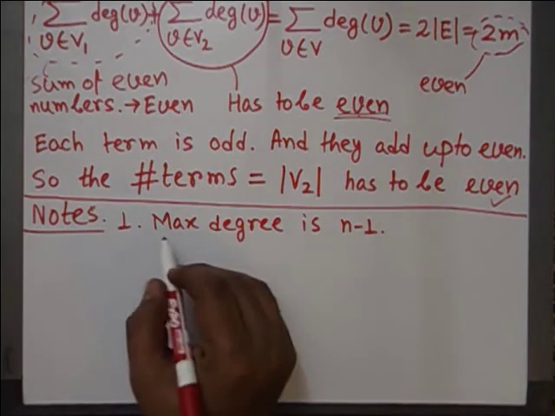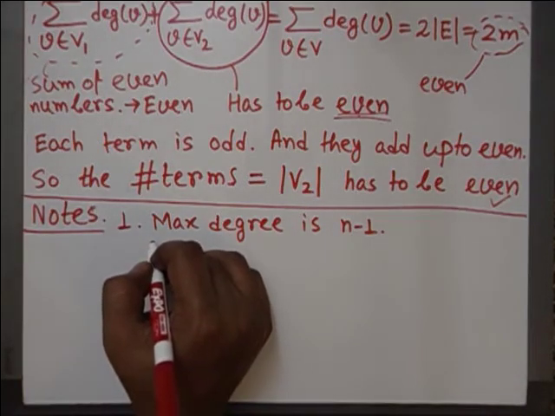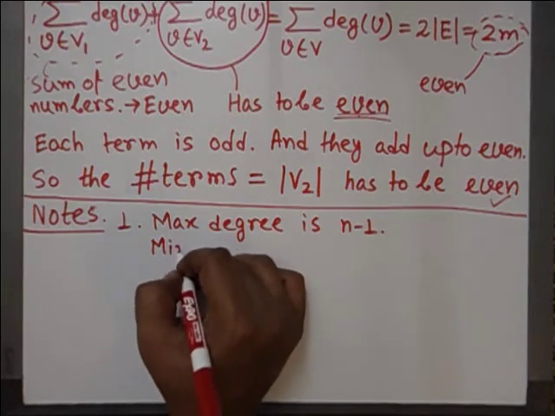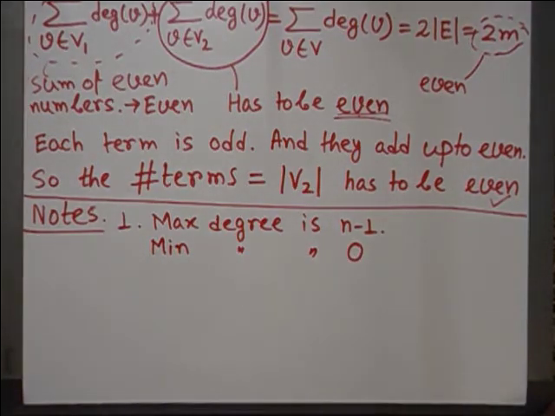So that's why the maximum degree is n minus 1, where the minimum degree is 0: a vertex that is not connected to any other vertices, a vertex that does not have any edge incident to it. It does not have any neighbor.